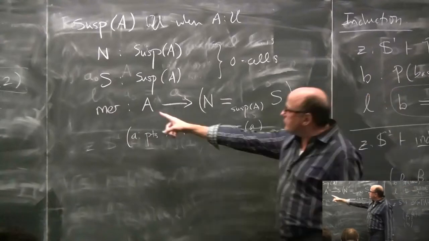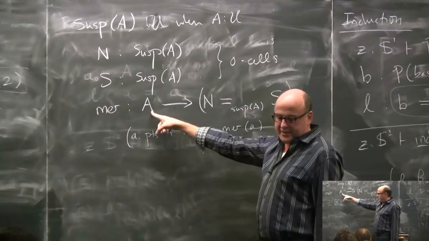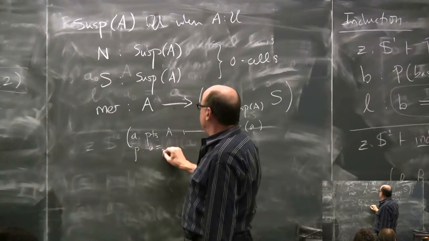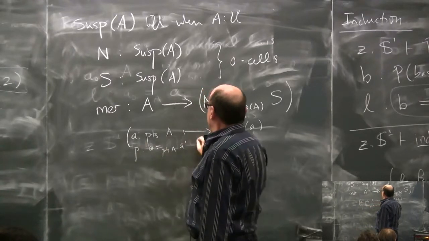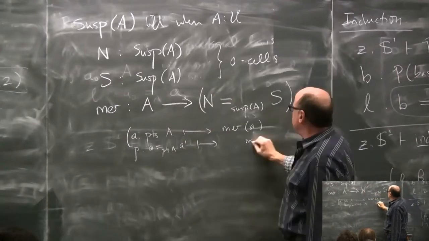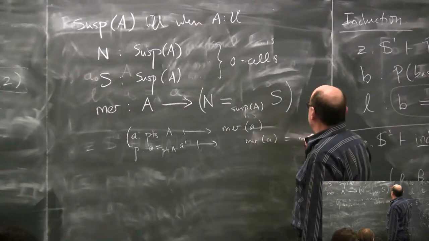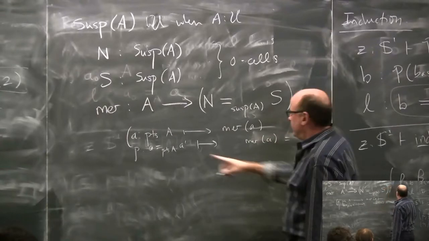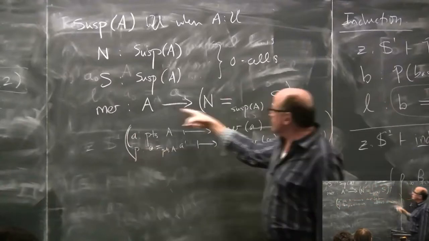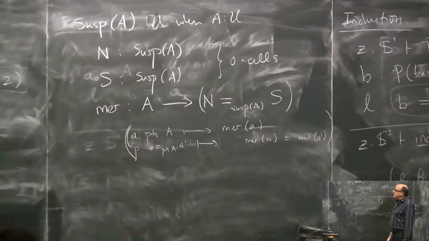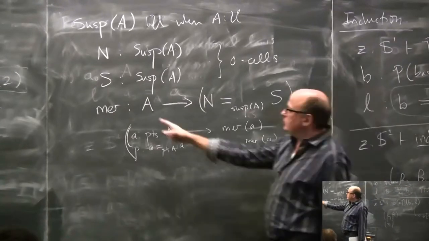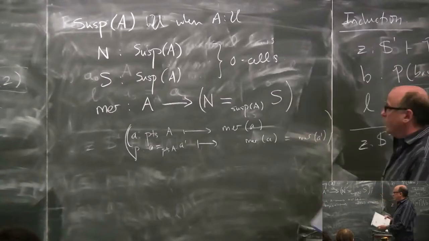But moreover, it respects the path structure in A. So if you give me equal points in A, A and A prime, then it ought to tell you that the meridians are equal. So you have to remember that, right? In other words, this is a functorial, or loosely speaking, continuous assignment of meridians to the points in A. Okay, so that's the way to do it.